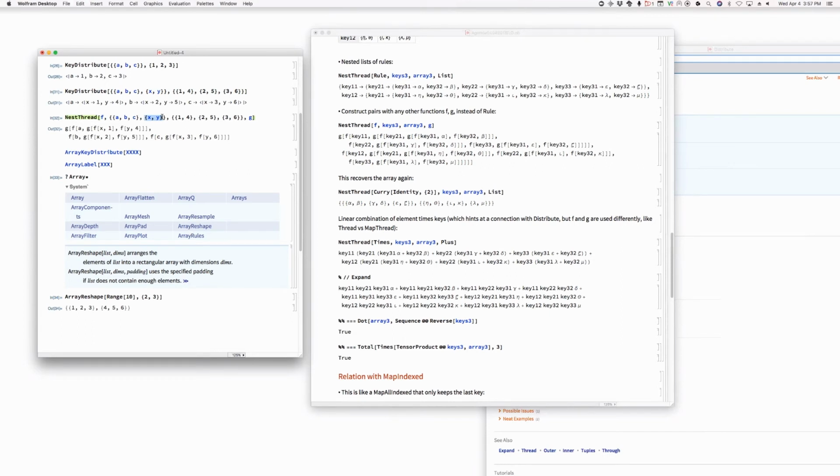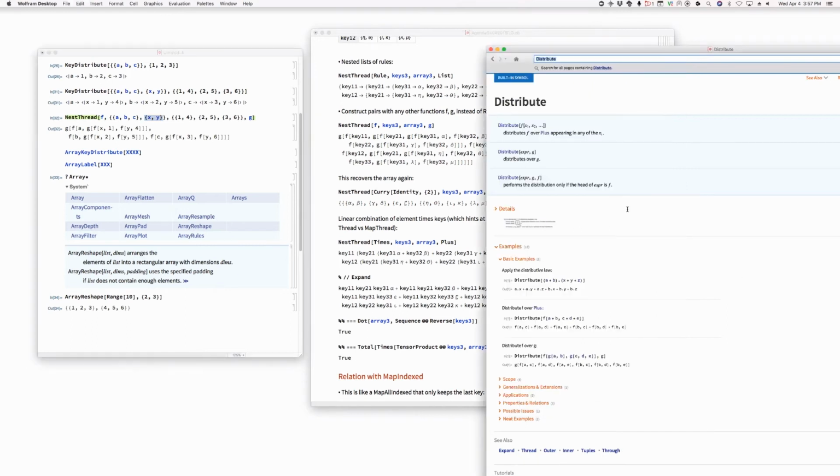But that's not what distribute does, right? What does distribute do at multiple levels here? So this is F, G, A, B. No, distribute doesn't have a form of multiple levels.